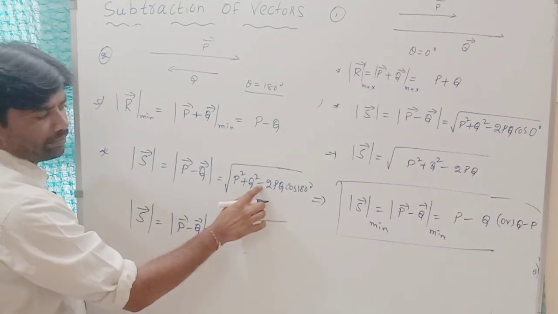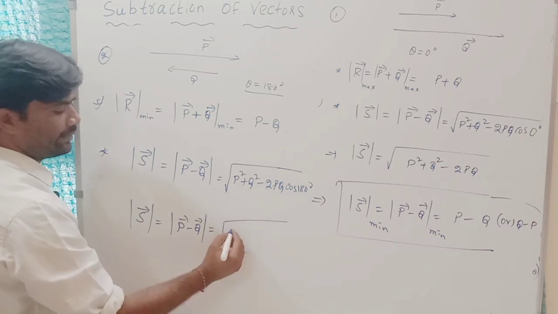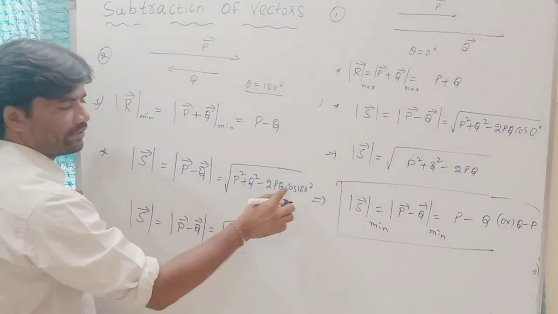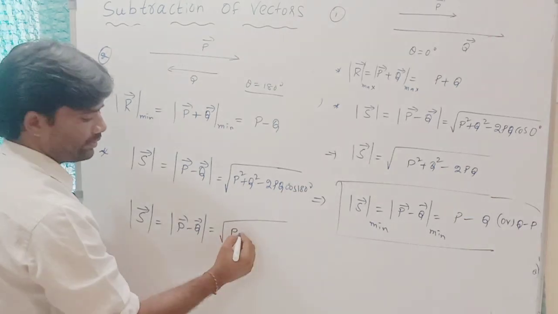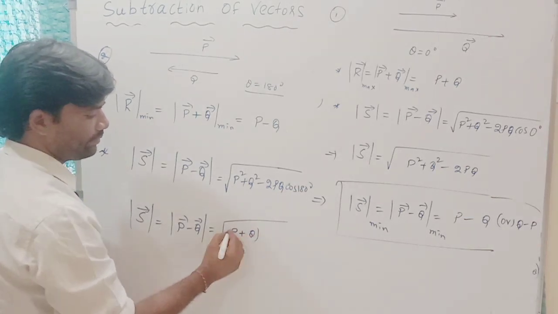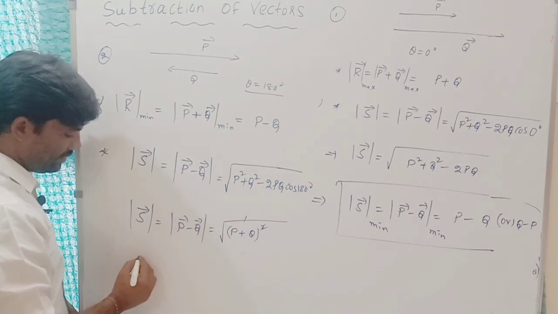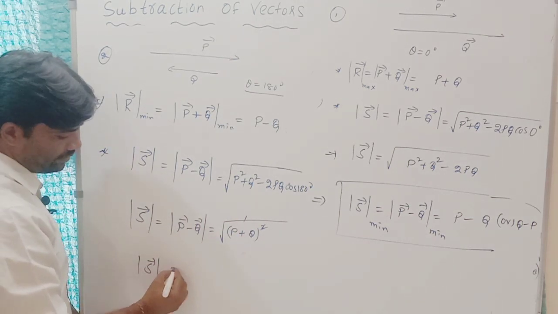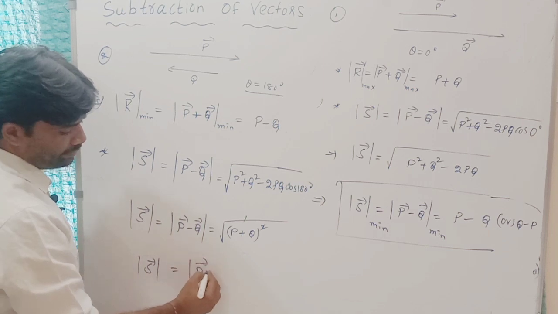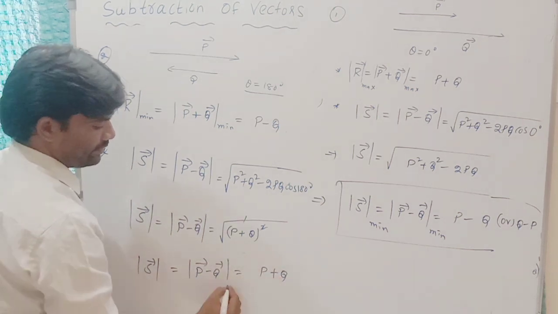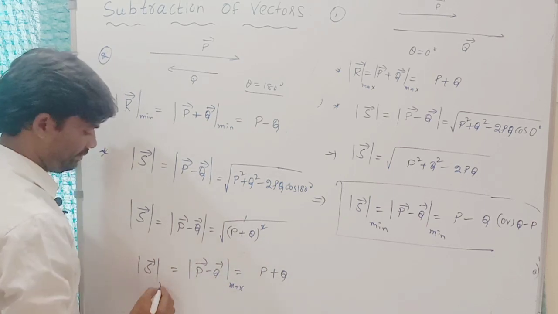Here you have one more minus, minus of minus plus. So it is the form of a square plus b square plus 2ab. So you can write P plus Q whole square. This root and square cancel. So S is equal to mod of P bar minus Q bar, which is equal to P plus Q. So this is maximum.